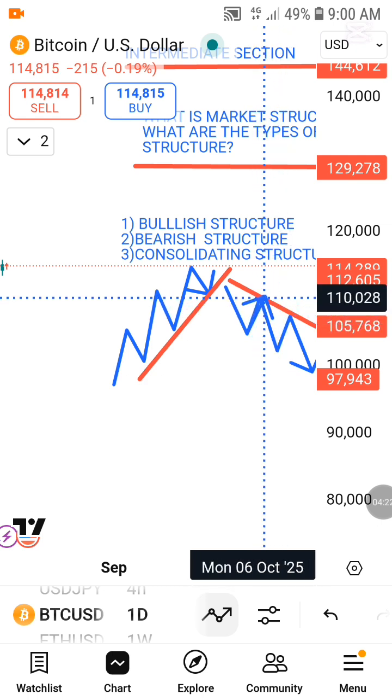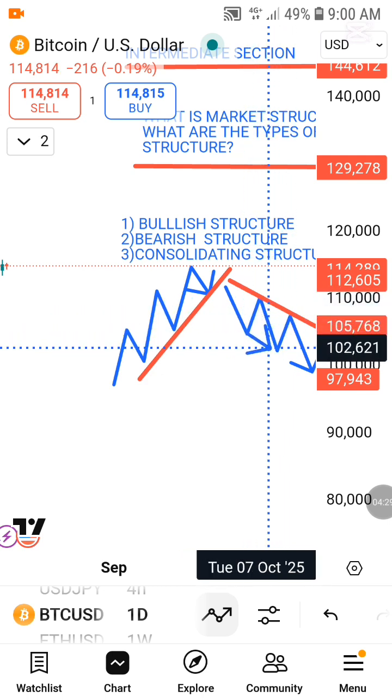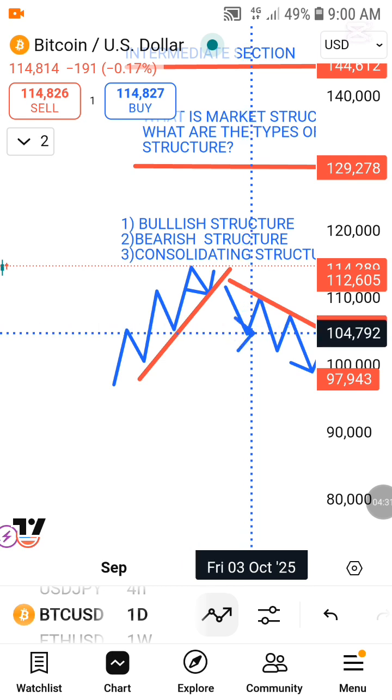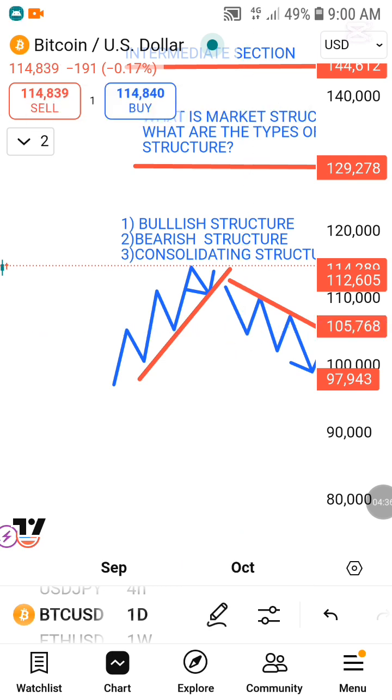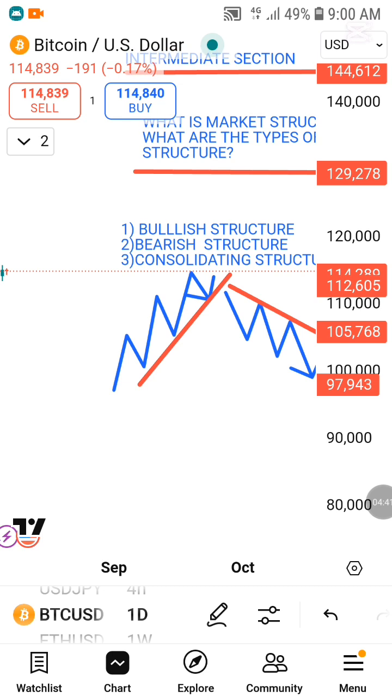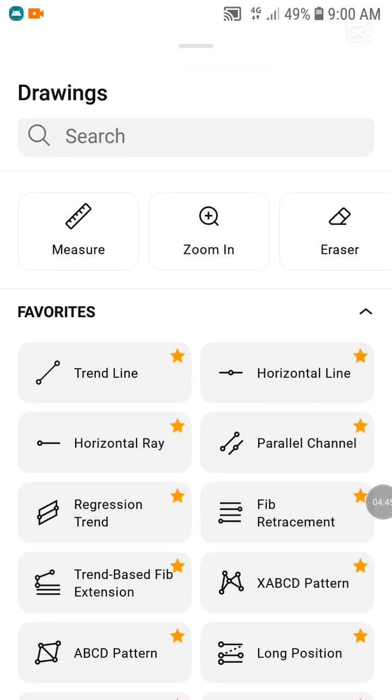So the current high will always be lower than the previous high, and then the current low will always be lower than the previous low. Can you see? So when you see a market like this, you should consider it a bearish structure, depending on the time frame that you are using, and you should be going with what? With sell.